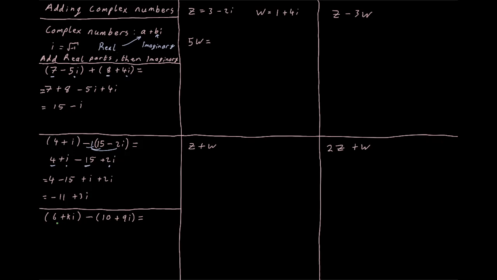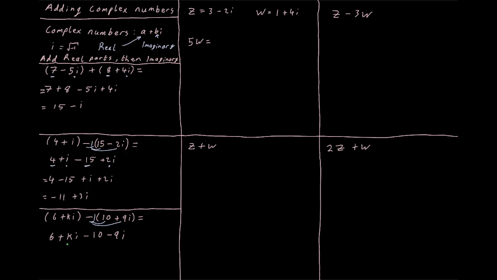Here we have our first number and our second number. We can see that there's actually a letter variable for our i, and we'll see how to deal with that in a minute. But first we're taking away 1 of this bracket. So we're going to take that away, and we have 6 plus ki minus 10 minus 9i.